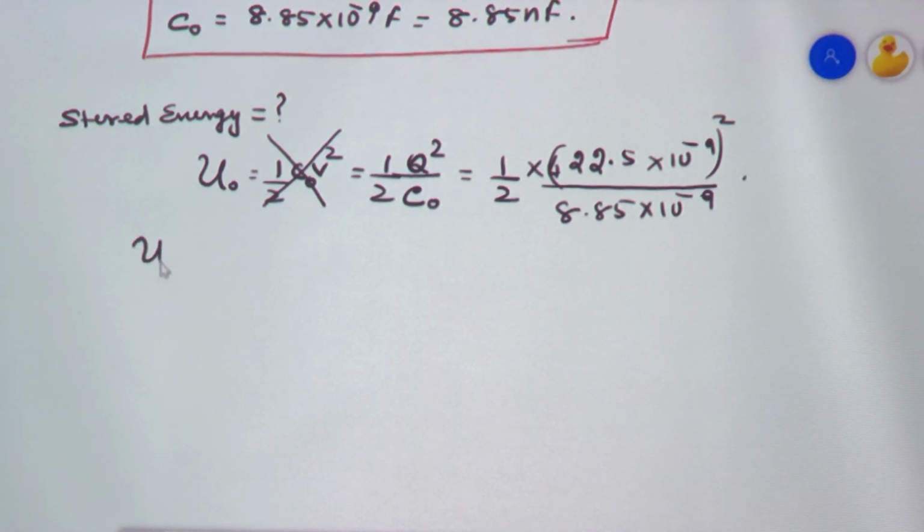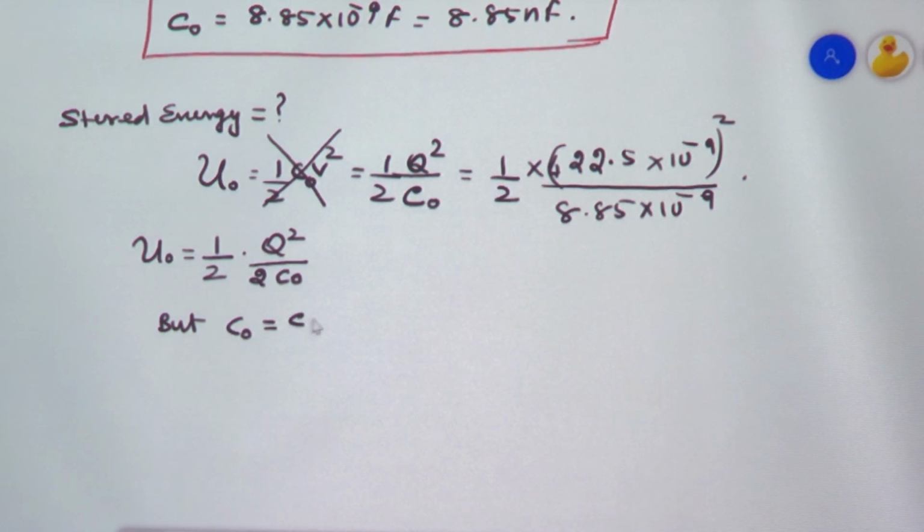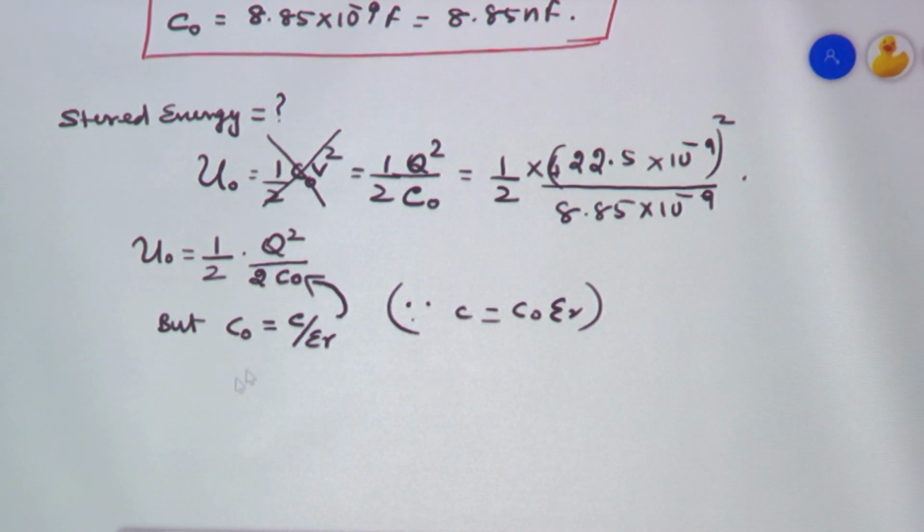We can write epsilon 0 is equal to half into Q square divided by 2 into C0, isn't it? But what is C0? C0 is equal to C divided by epsilon R, since C is equal to C0 into epsilon R. Take this and substitute here.